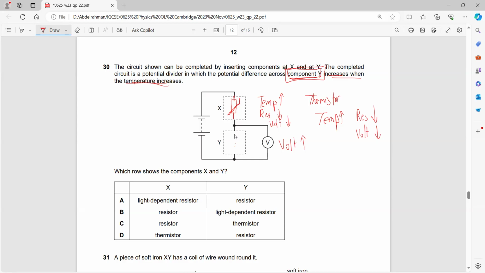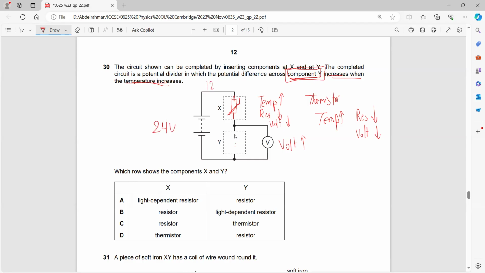So if they are both in series, if the voltage of the thermistor decreases, then the voltage of any other component in series would increase. Why? Let's say the EMF of the battery is 24 volts.